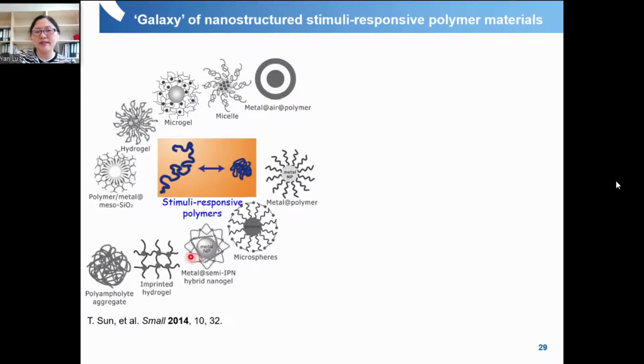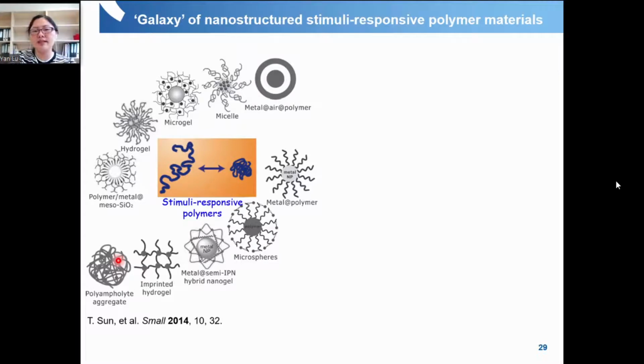You can see it can have different forms, like a core shell structure, or a kind of yolk shell particle, or a core with brushes, or even a microsphere, or networks, or a kind of accumulate or aggregates.